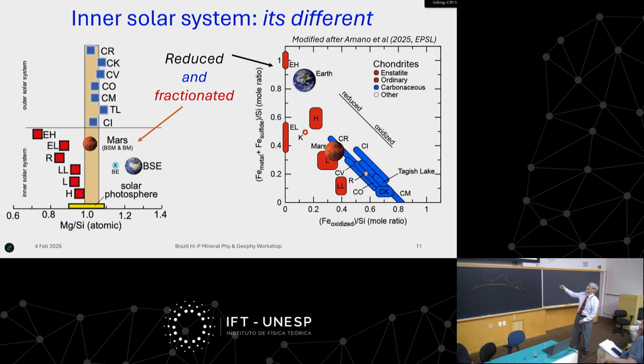This diagram over here actually shows it says reduced. So we can have a very oxidized system. The surface of Mars, it's the red planet. That tells you it's rusted. It tells you it's oxidized. And in fact, Mercury is very reduced, and the Earth is fairly reduced. And these things called EH, EL, L means low, H means high, very sophisticated.